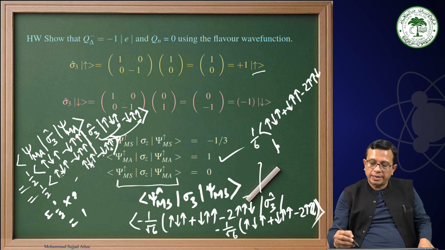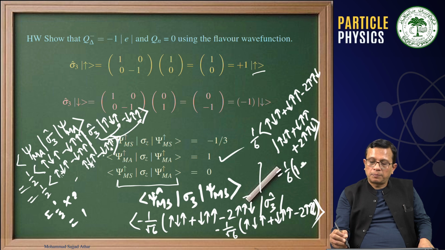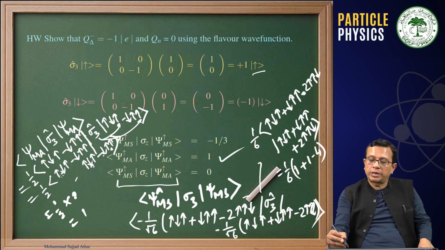And here we are getting up, up, plus down, up, minus, plus twice up, down. And this will be 1 by 6, 1 plus 1 minus 4, 2 2s are 4, and this minus sign is there, and that is minus 2 by 6, and that is minus 1 by 3.